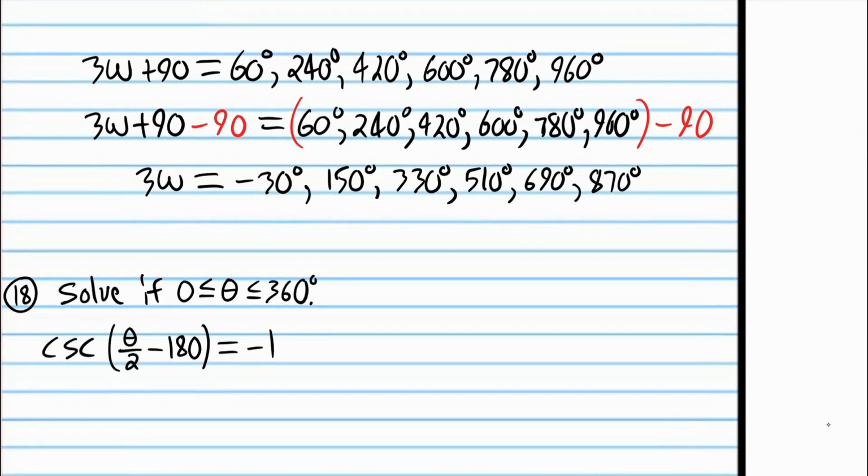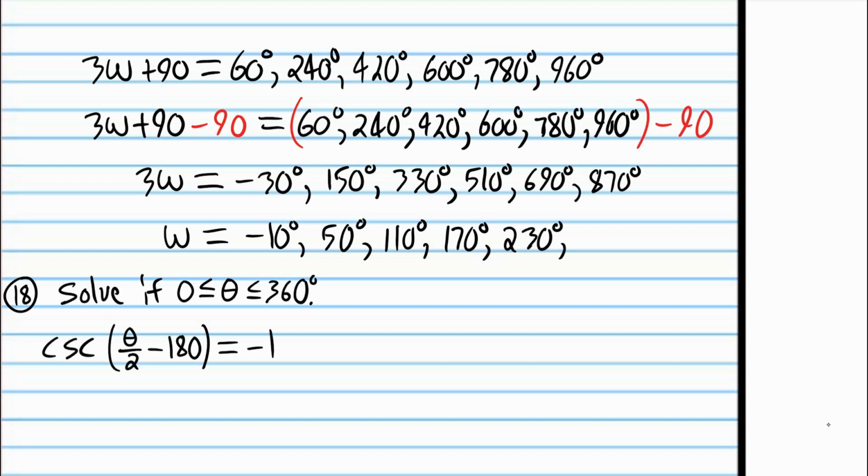So now we're going to divide each of these by 3, so we get negative 10 degrees. That's not a solution. 50 degrees, 110 degrees, and 170 degrees, and 230 degrees, and 870 divided by 3 is 290.